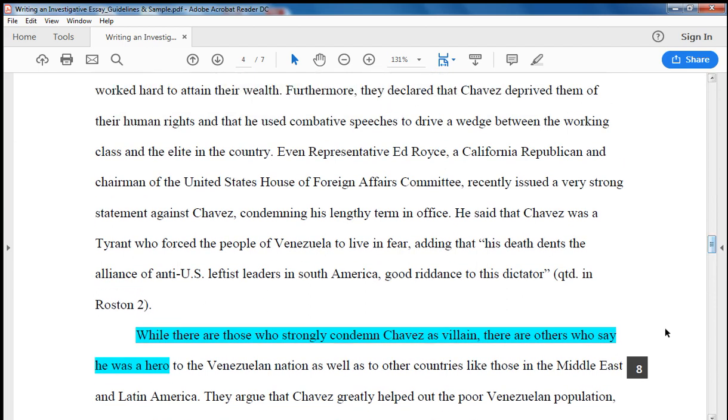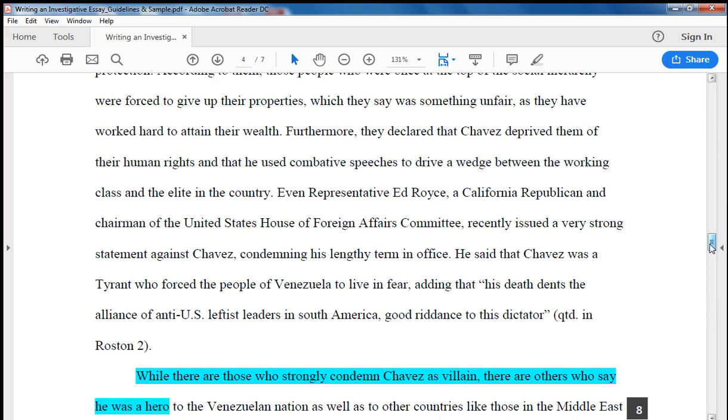Before we move on to the next body paragraph, I just want to point out the organizational strategy that the student is using here. By presenting in one block of paragraphs the perspectives on one side of the issue, we refer to this as a block organization.